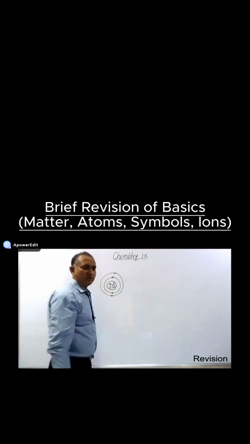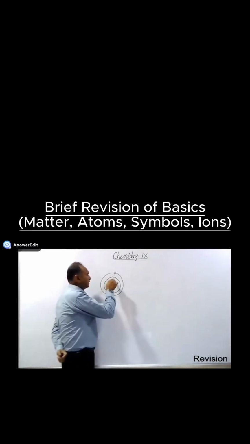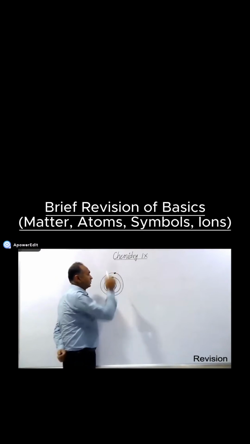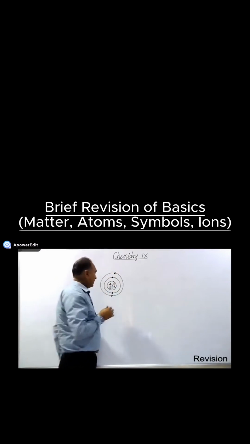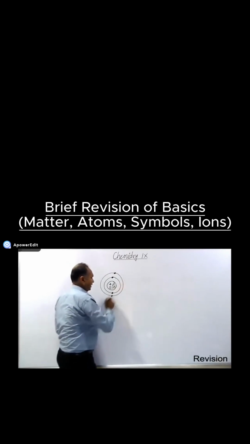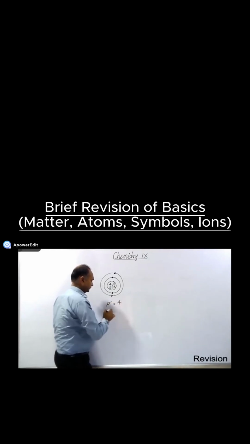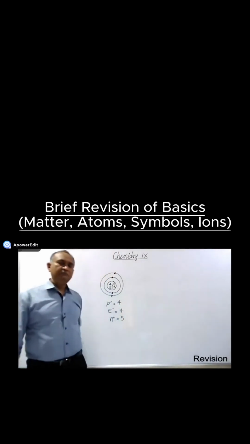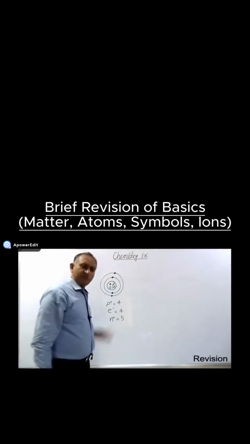Can you count how many electrons I drew over here? 1, 2, 3, 4. So here I write that this contains 4 protons, 4 electrons, and 5 neutrons. Okay?